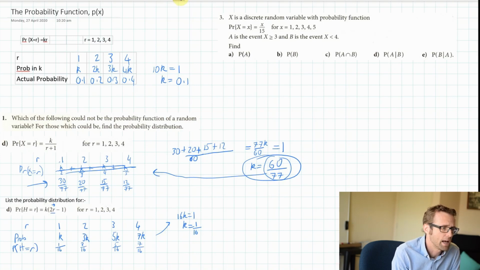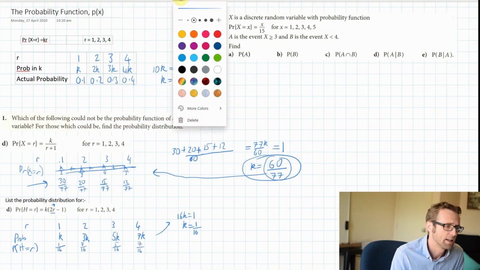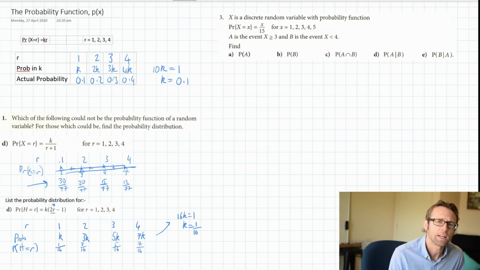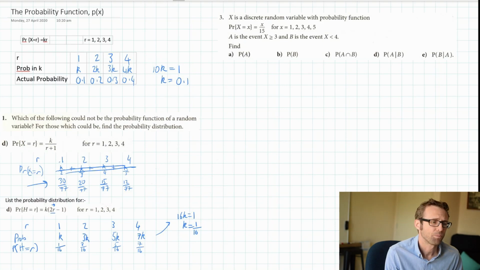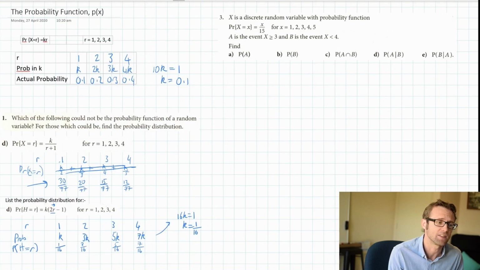Okay, now moving on to the last question I have for you today. We've got x is a discrete random variable with a probability function P(X = x) is x over 15 for the following values of x: 1, 2, 3, 4, 5. And we've got A is event x is greater than or equal to 3, and B is another event x is less than 4. And we've got to find these different probabilities.